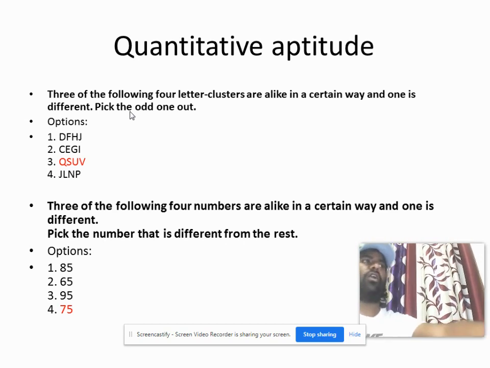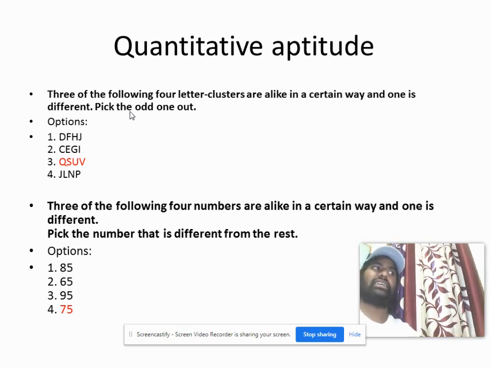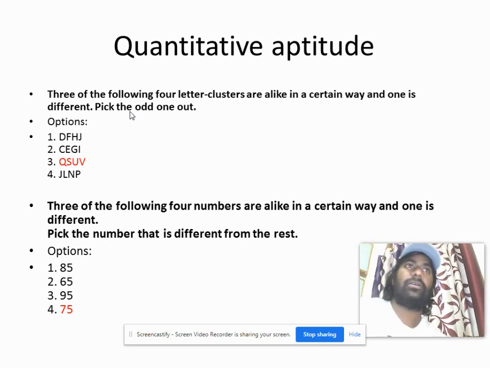Okay. Three of the following four numbers are alike in a certain way, and one is different. So pick the number that is different from the rest, guys. You need to have a certain sense into it. 85, 65, 95, 75. Why have I marked 75 as the answer?